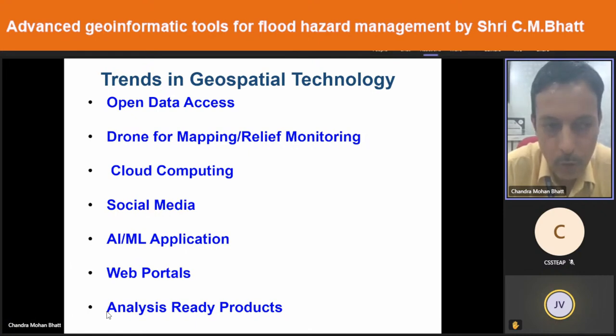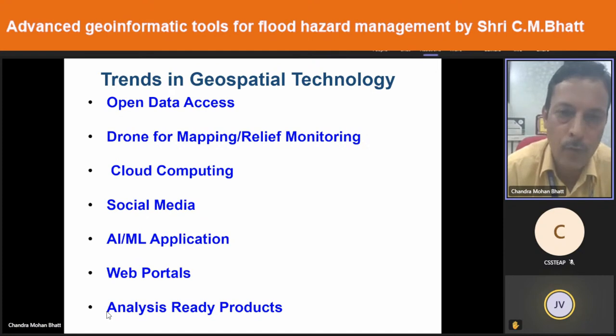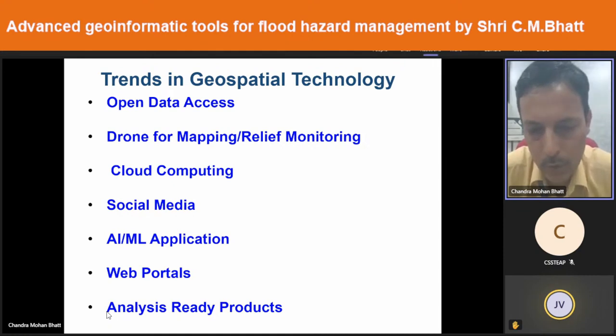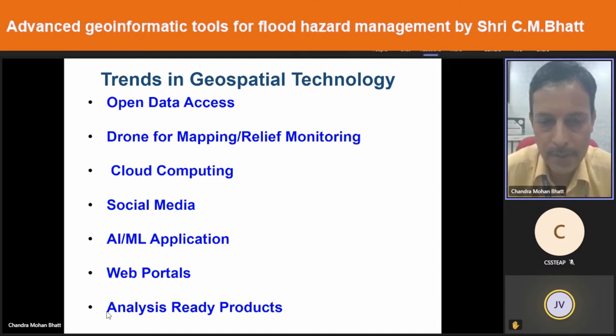One example is the Global Surface Water Explorer, GSW, a portal which gives you all water-related outputs from 1984 up to 2021. What is the maximum extent of water? How has the water changed? All kinds of statistics, month-wise, year-wise, can be obtained, and the data set can be downloaded and directly used for your mitigation purposes.